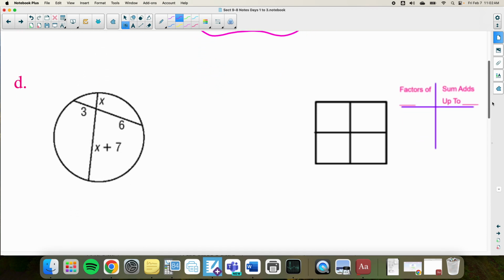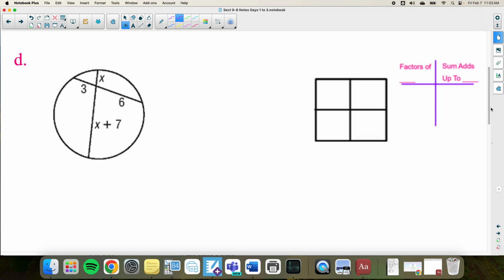Now, if I look at this one, if I go to write it out, I'm going to go x times, now this x plus 7 is the whole rest of this, so it'd be times x plus 7 equals 3 times 6.